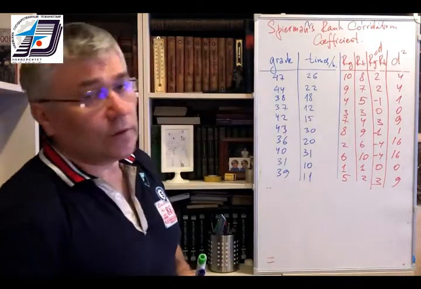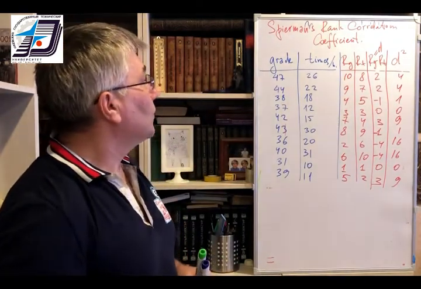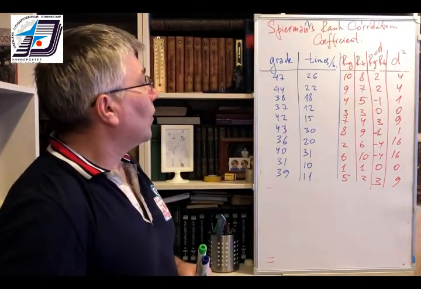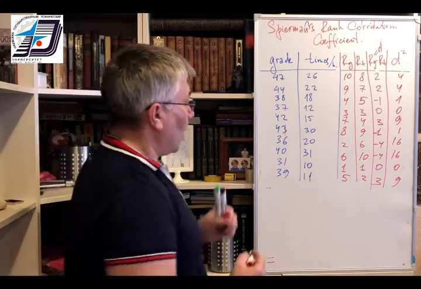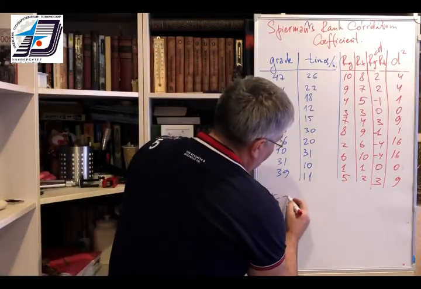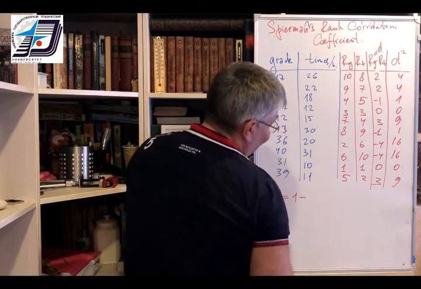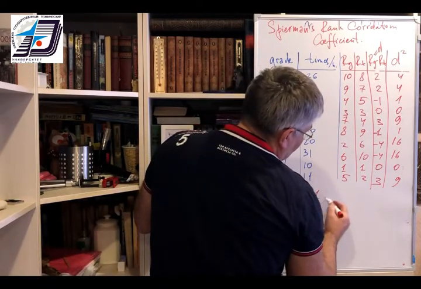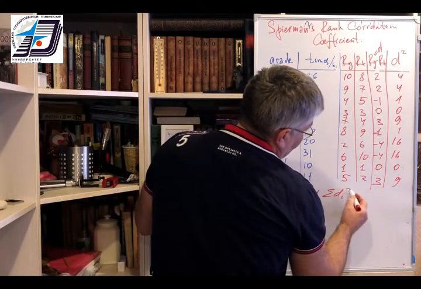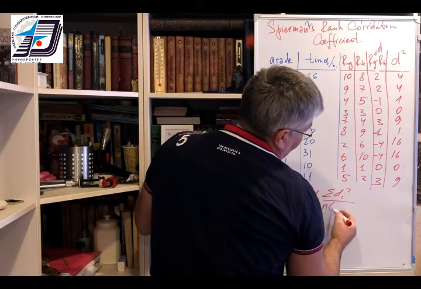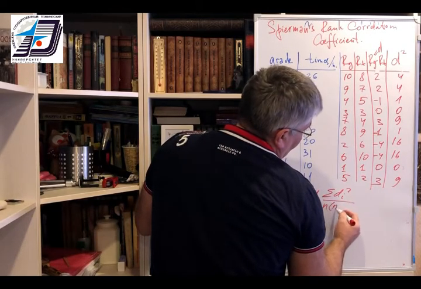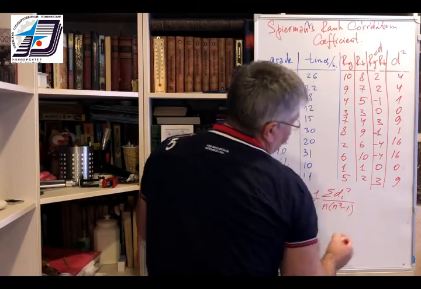So now we are ready to calculate the rank correlation coefficient, Rs. According to the formula, it is 1 minus 6 times the summation of di squared over n times n squared minus 1.